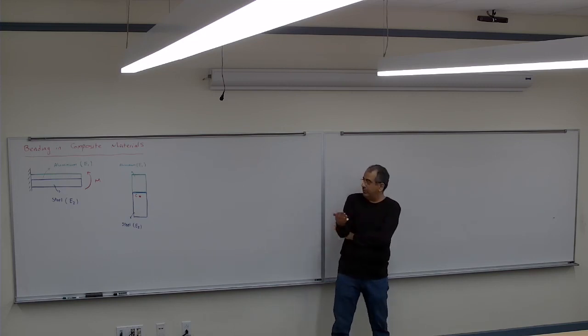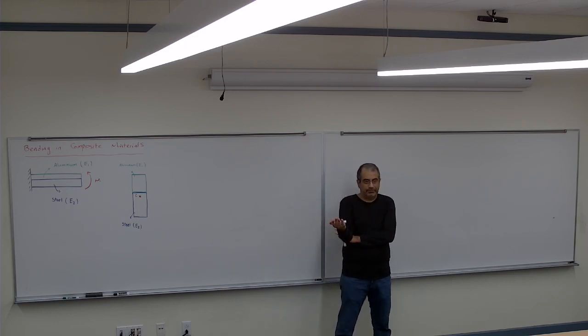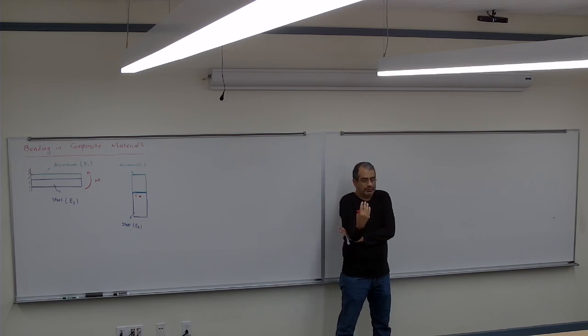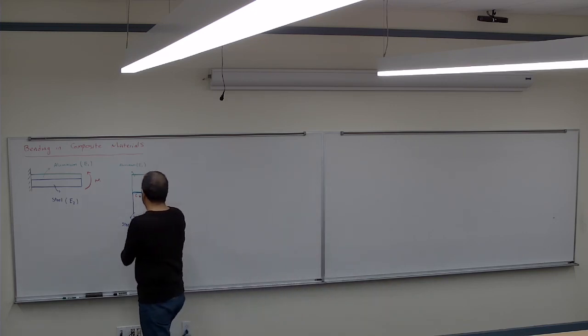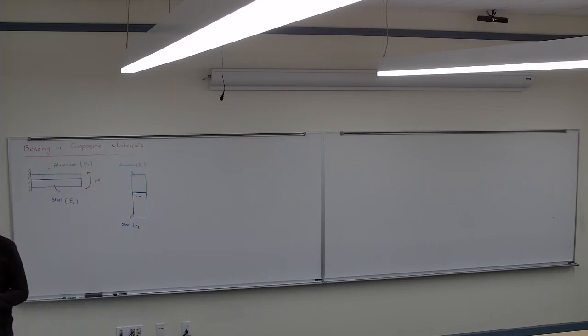Why? Because I know that the steel is going to take much more of the loading than aluminum. So it's not going to be at the centroid. It should be shifted in a way that the steel does its job. So definitely it's not going to pass through the centroid.